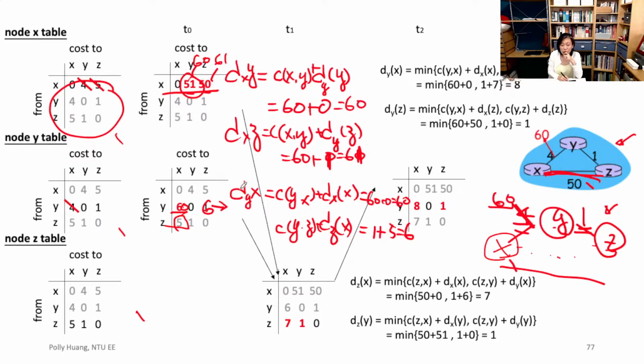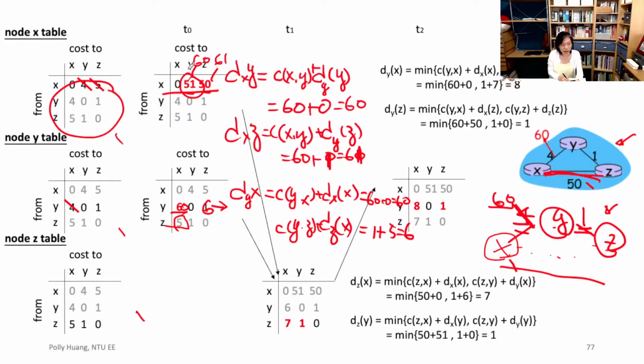Alright, so to go from y to z, wait a minute. To go from y to z, you see, I got stuck here. Am I right? Yeah, I think I'm right. It's just weird. Okay, so 60 and 6.